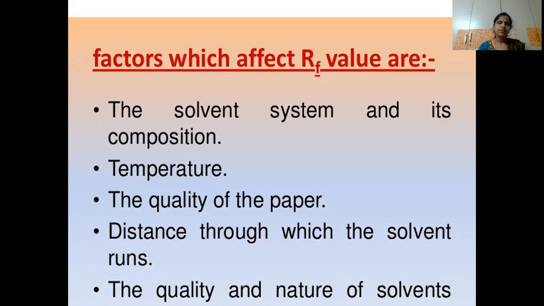If the adsorbent or the stationary phase is uniform on the glass plate, then the solvent will run and show some distance. So it depends upon the uniformity of the stationary phase adhered onto the glass plate, which changes the distance traveled by the solvent, which ultimately affects the Rf value.